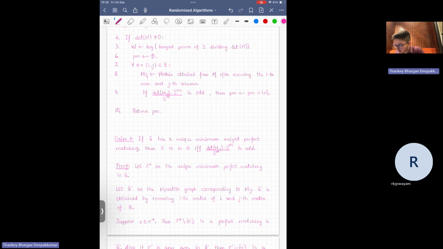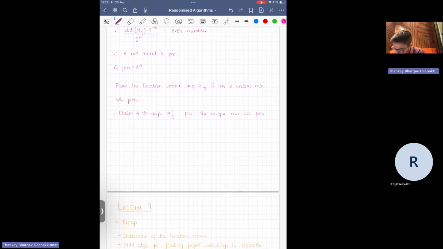large enough processors. So if you have poly n processors, then the running time is order log square n. Okay, so let me write this. I won't write the entire proof. It's too long. Yes, it's randomized, but in order log square n time, right?